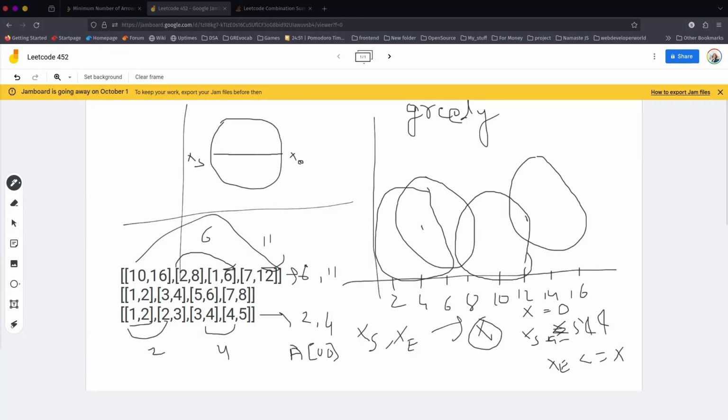First I will sort my data structure. Then in the 2D array, I will find whether the end positions are overlapping or not.